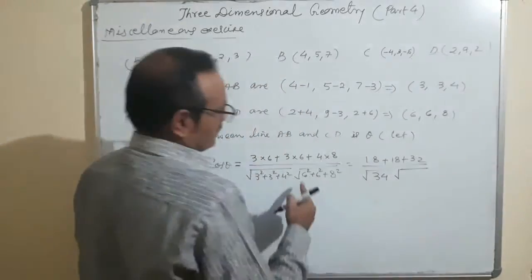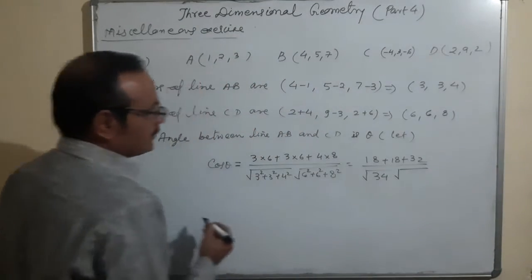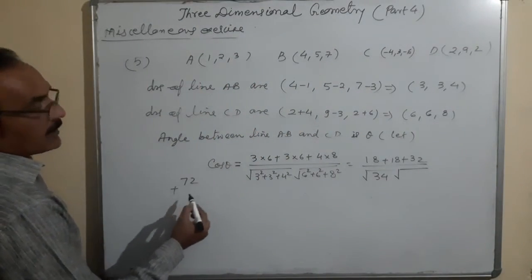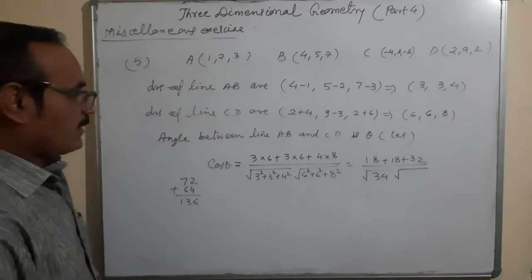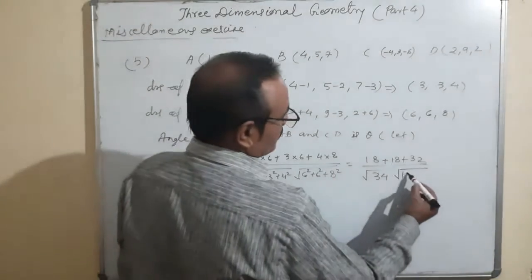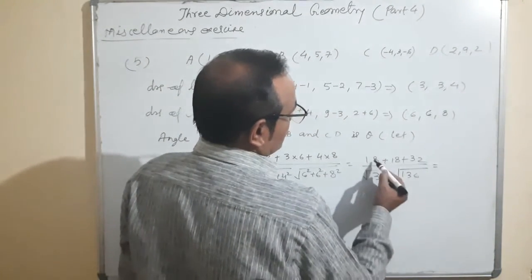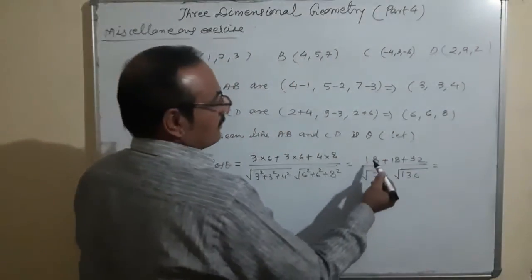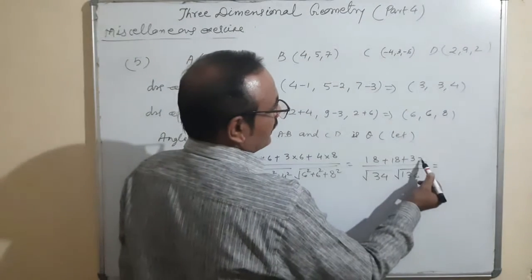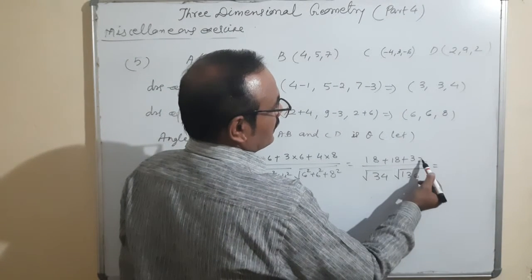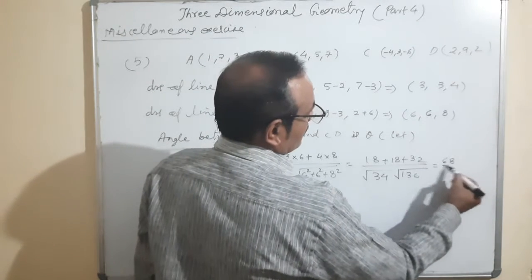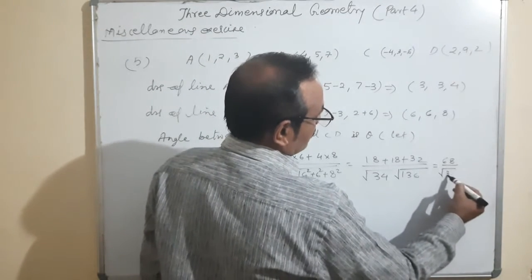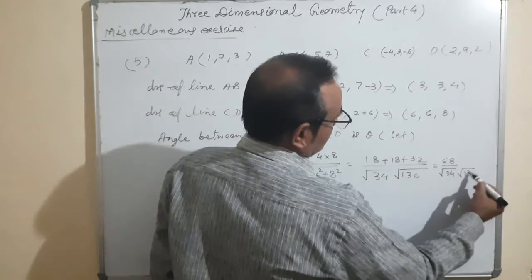This is 36, 36, 72 and plus 64, 136. Okay, it is 136. The numerator is 68 upon under root 34 into under root 136.